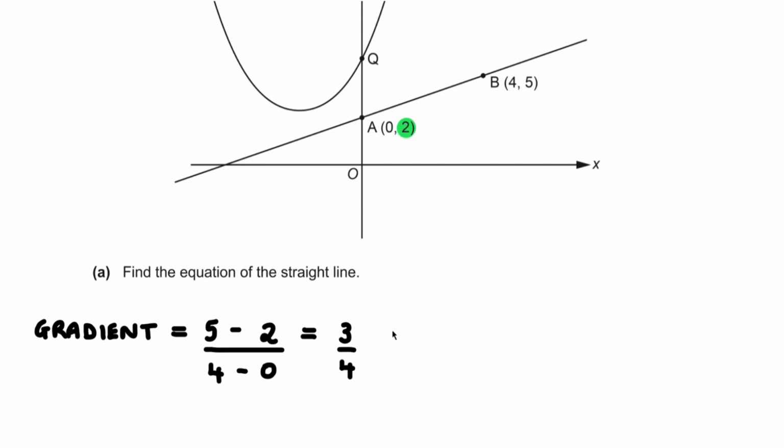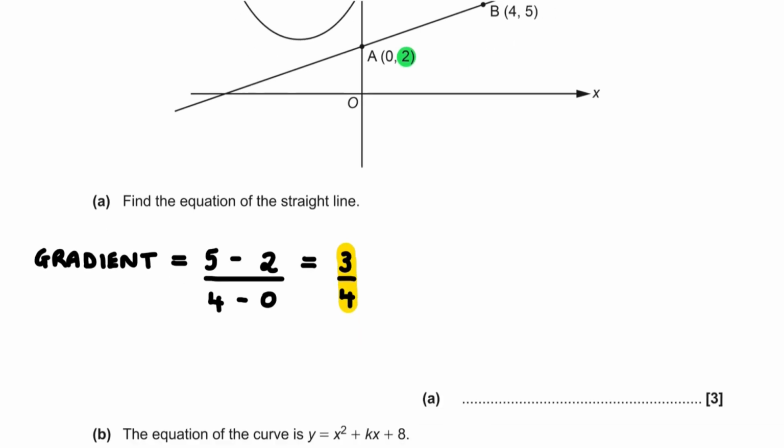So this is our gradient. We know what the y-intercept is, so we can state the equation of the straight line. The equation of the straight line, that's given by y equals 3 over 4 x plus 2. So that's the equation of the straight line.